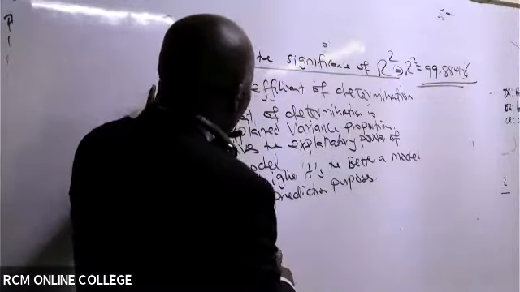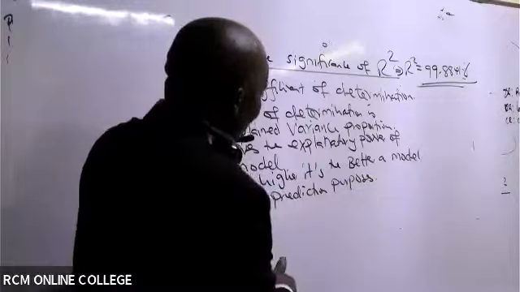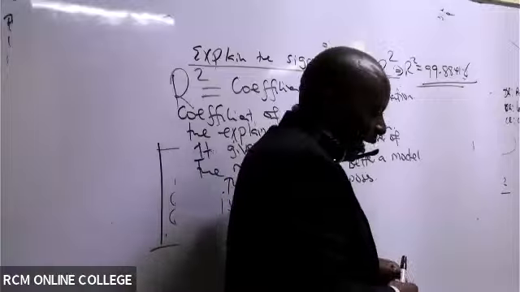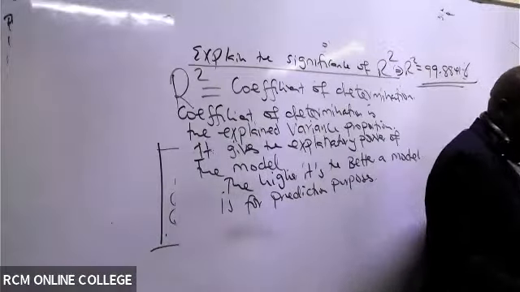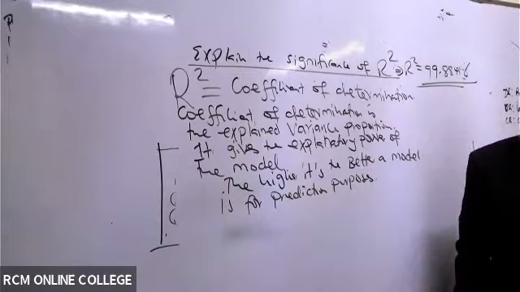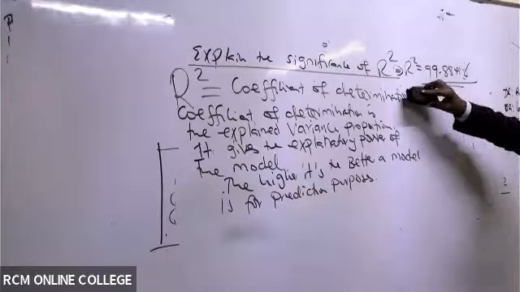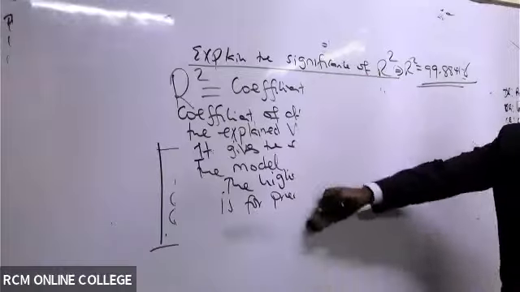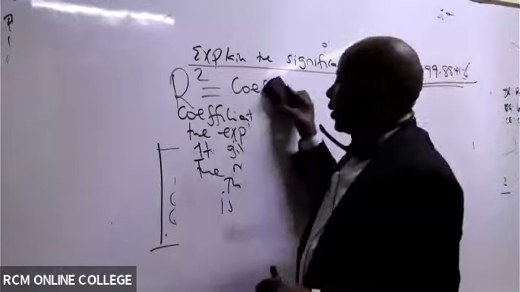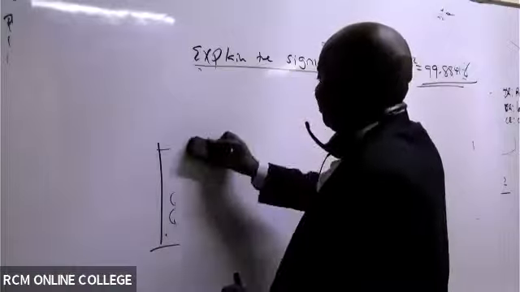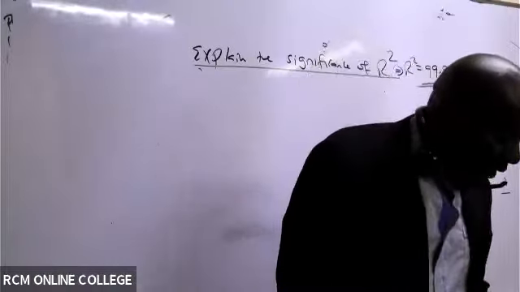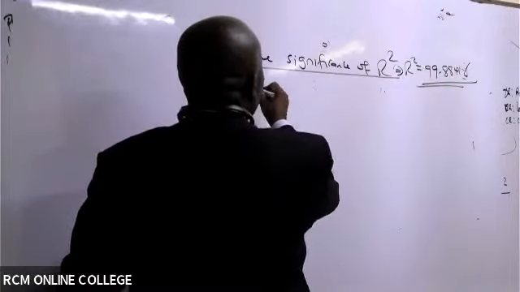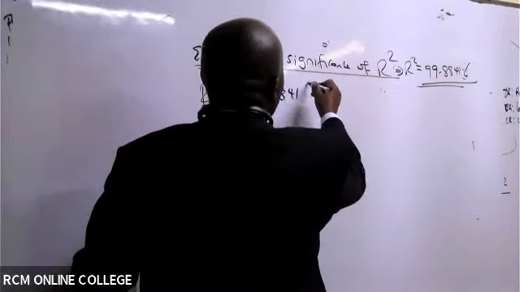Before I continue, have you been able to write up to here? All right, then I can rub this out comfortably and explain this. So we have R squared here, which is 99.8841%.